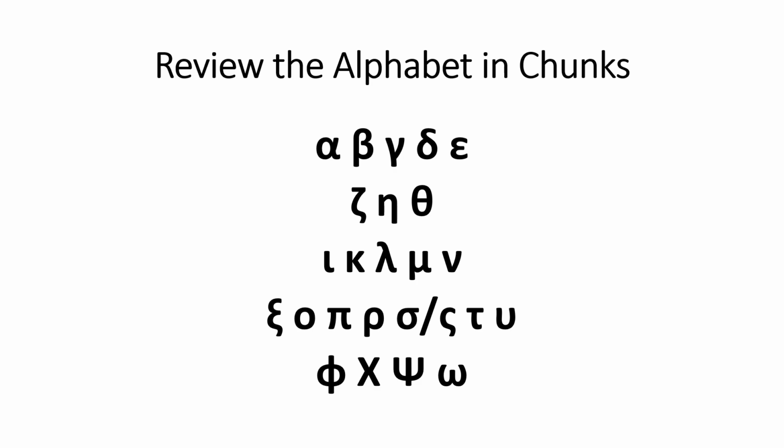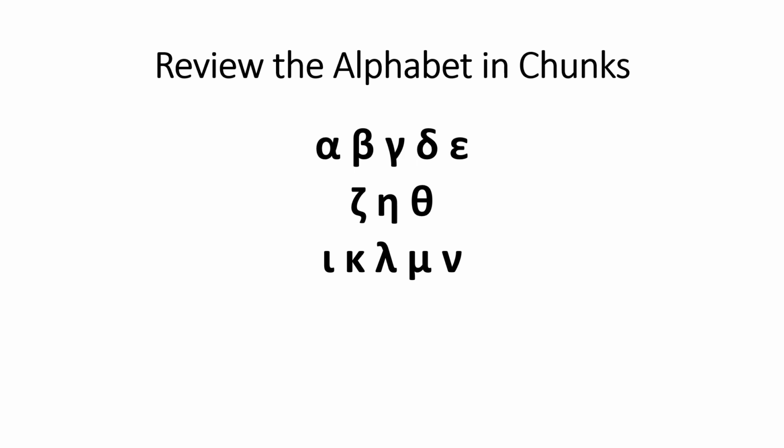Okay, so let's do that again. What is the first chunk? Alpha, beta, gamma, delta, epsilon. The second chunk. Zeta, eta, theta. They all sound the same. Third chunk. Iota, kappa, lambda, mu, nu.